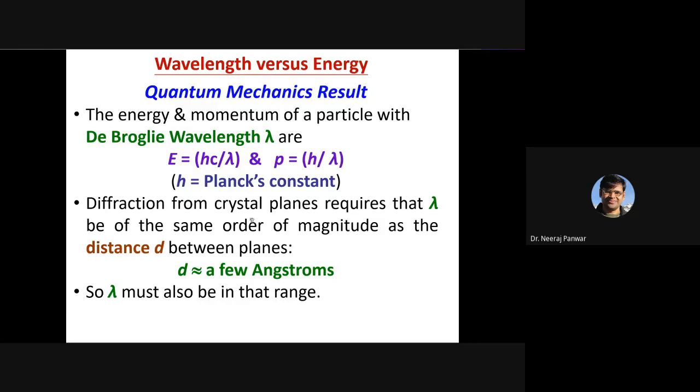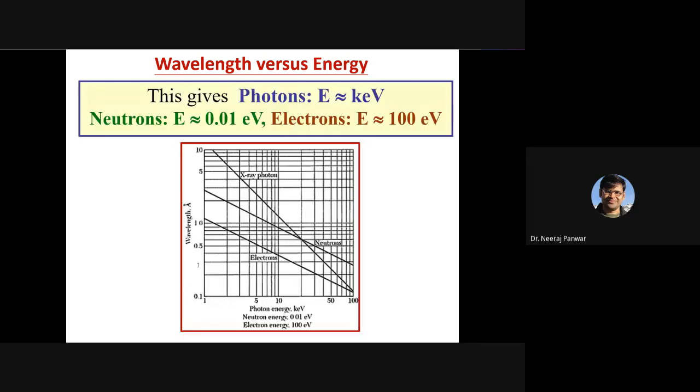Diffraction from crystal planes requires that the wavelength should be of the order of the interplanar spacing d, either equal to d or smaller than d. We will see why this condition is required.